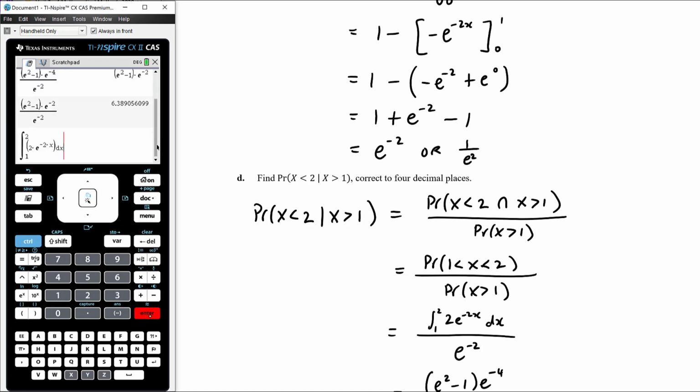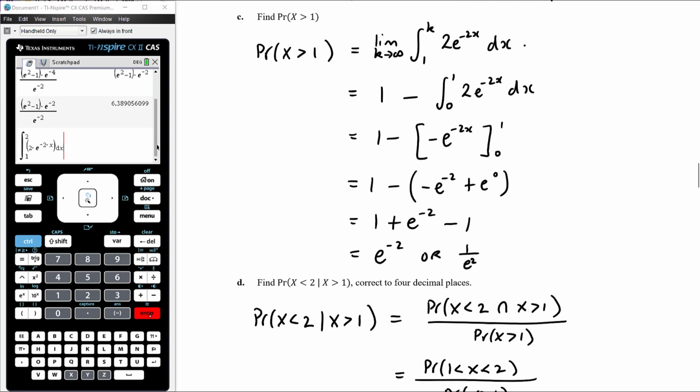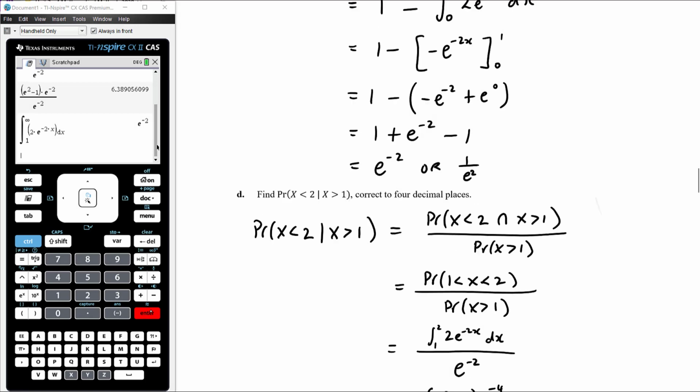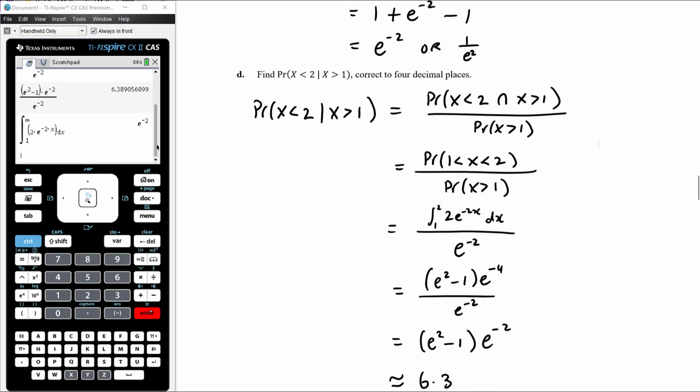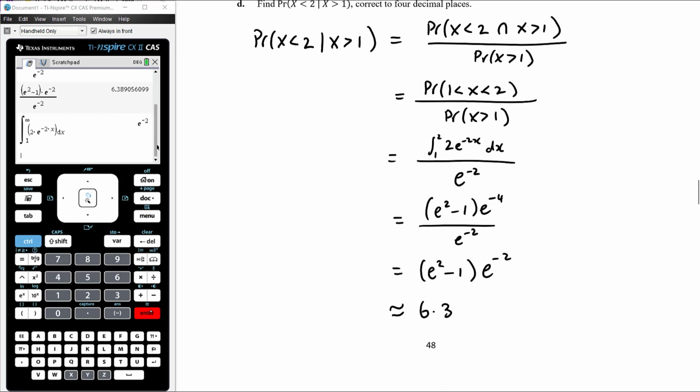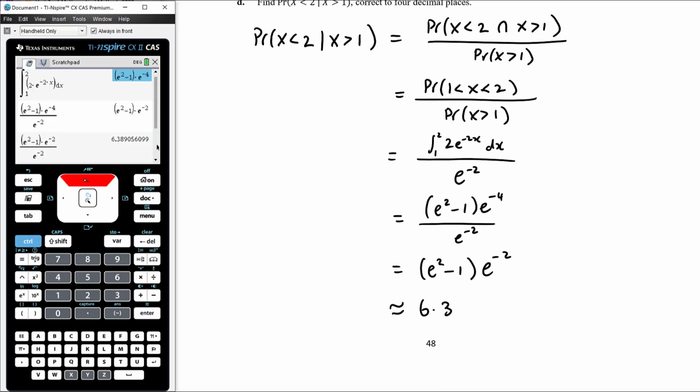Let's just check while we're here that we got our answer to part C correct. So integral from 1, so I'll show you that you can actually make the limit infinity. So if I do integral from 1 to infinity here, yep, so we've got our answer there, right? Okay, so what have I done? So we want to do, let me just do it as the integrals then.